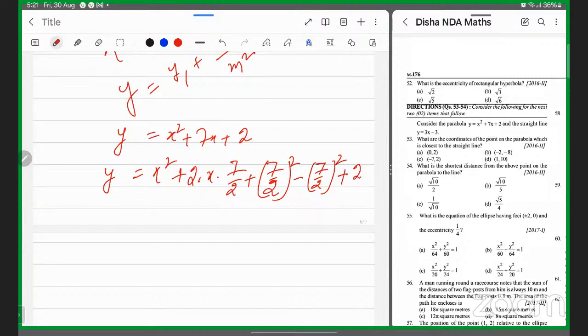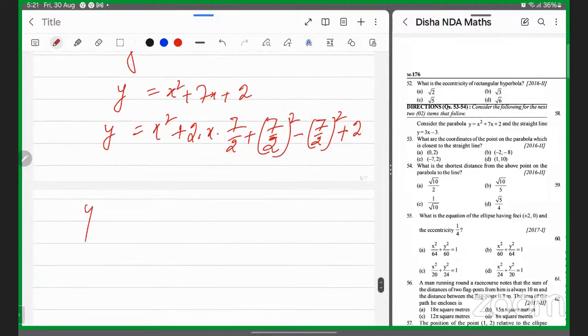Any problem here up to now? This will be x plus 7 by 2 whole square. Any problem? 7 square is 49. Any problem? 2 square is 4. Any problem?